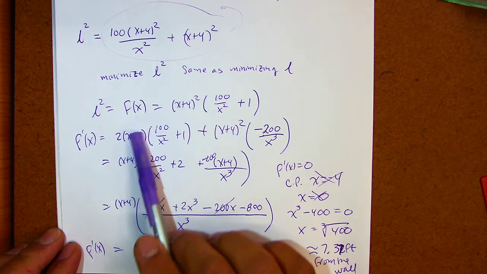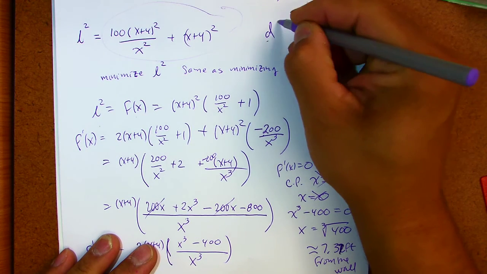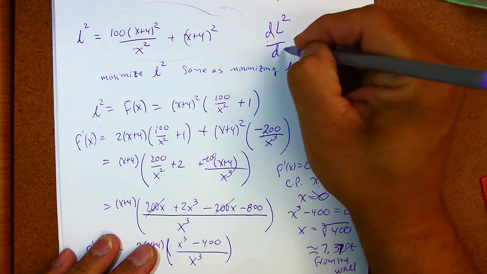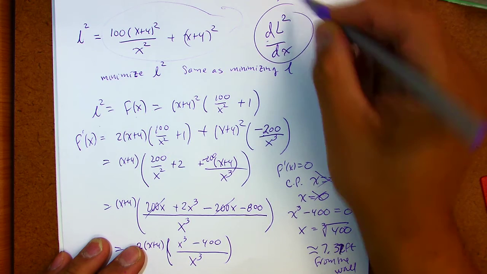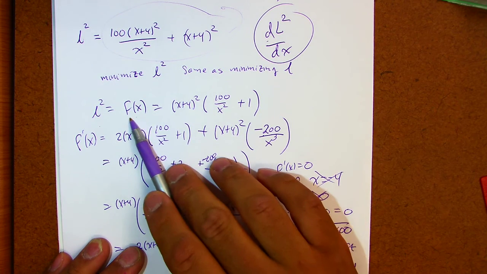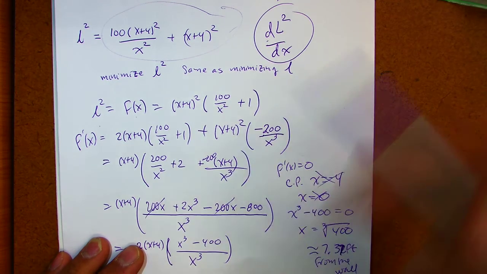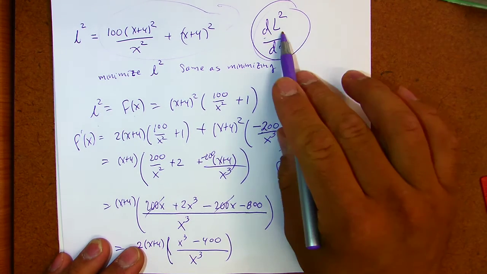So there was no need really to do a derivative. This is the derivative that I'm finding. So I just renamed L squared to be my function f of x, which is the one that I'm minimizing here.